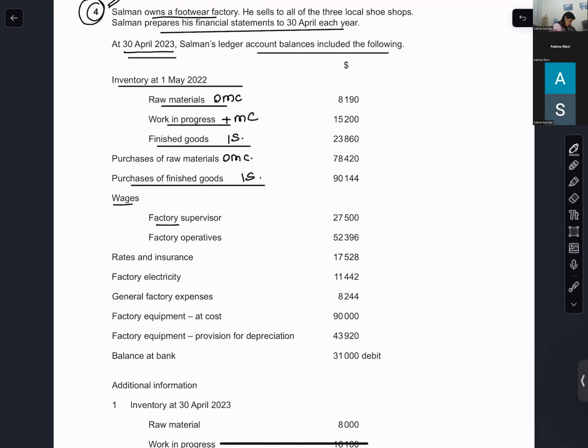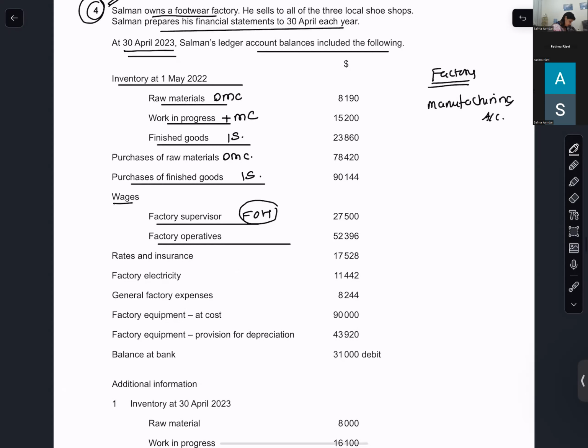Wages, factory supervisor is factory overheads. No, it's not income statement, it's factory overheads. Anything that is related to the factory will come in the manufacturing account. Factory operatives is direct labor.